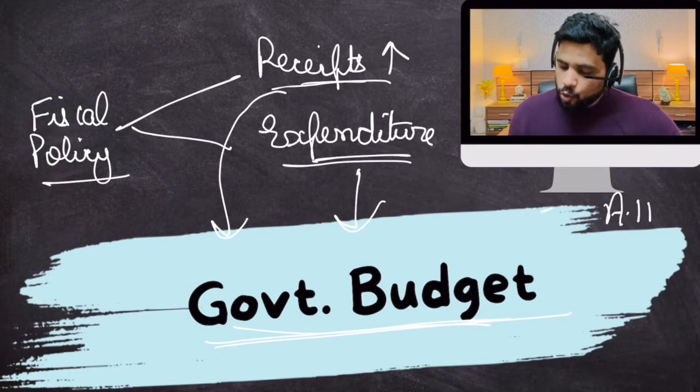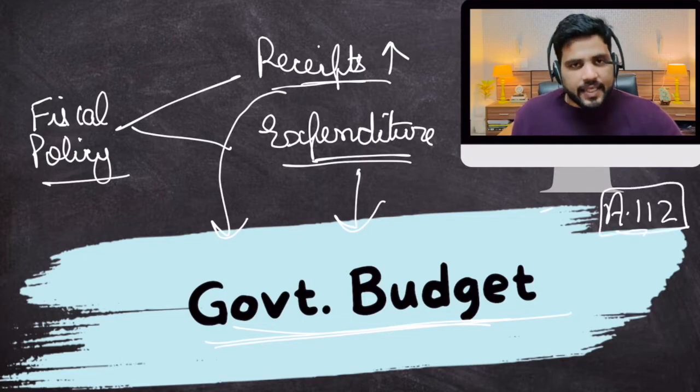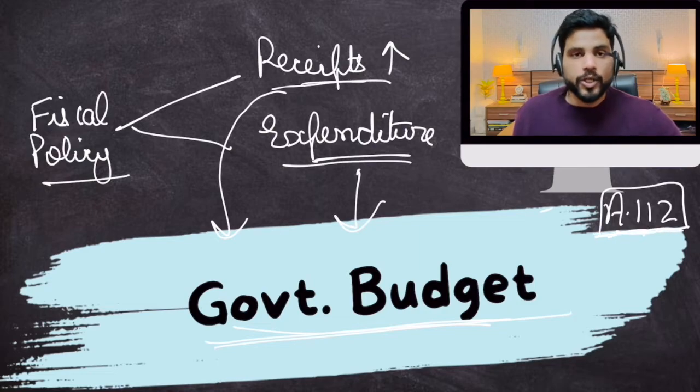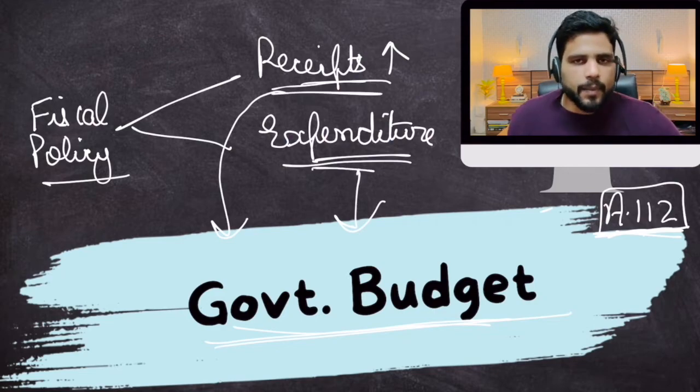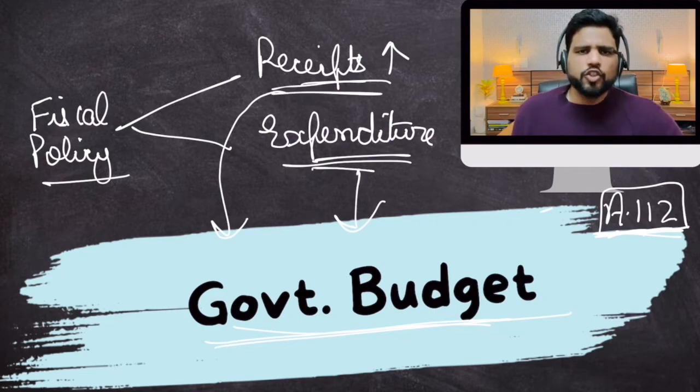Article 112 of our constitution states that government shall present its account of receipts and expenditure every year before both houses of the parliament. Okay. This is a constitutional duty. Government cannot get away with this. And because it's a constitutional duty, government does that. Government presents its account of receipts and expenditure in front of the parliament every year. Generally, the date is 1st of February.